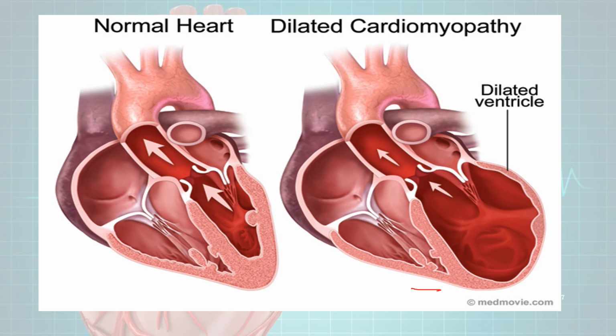When there is a dilated ventricle, the muscle wall thickness is not changing, but it is dilated and loses elasticity, so the systolic function will be affected.